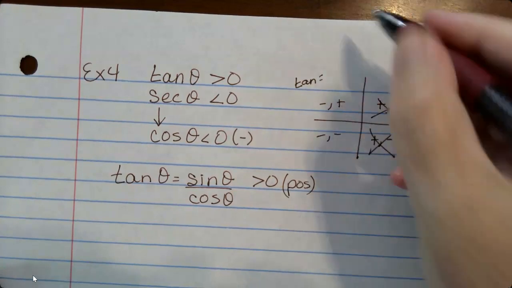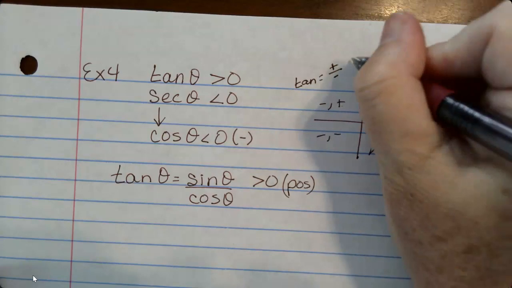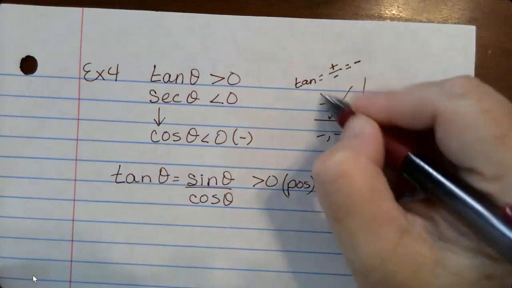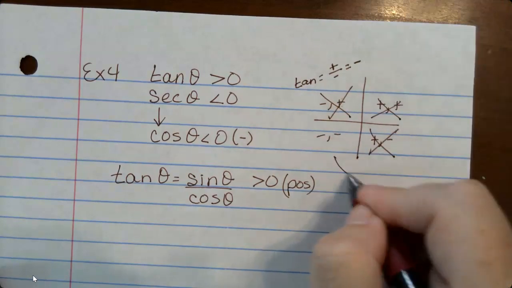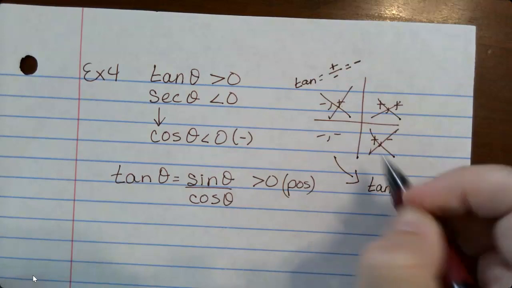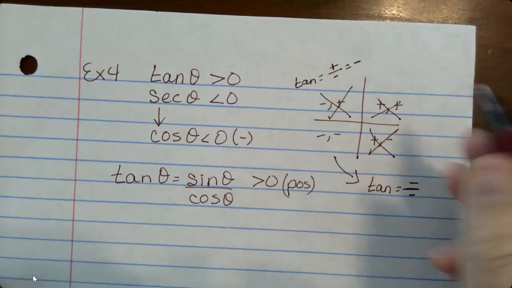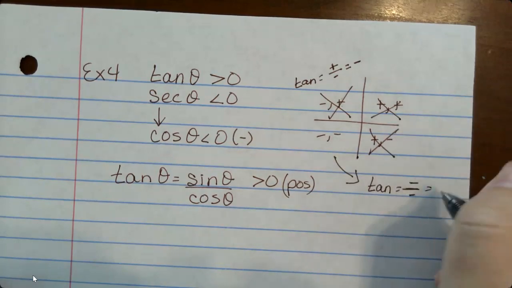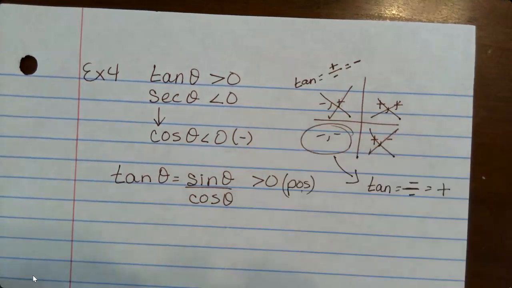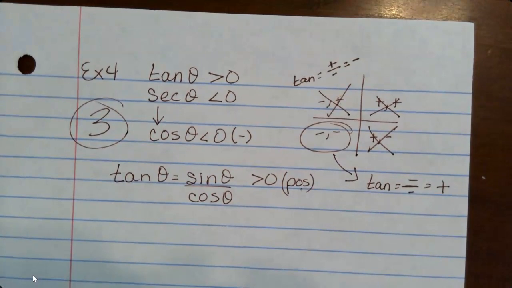So sine is positive divided by a negative. So positive divided by a negative is a negative. Can't be it. Here, so tangent. Sine is negative divided by a negative. And that becomes a positive. And I want the positive. So my answer here would be quadrant 3.